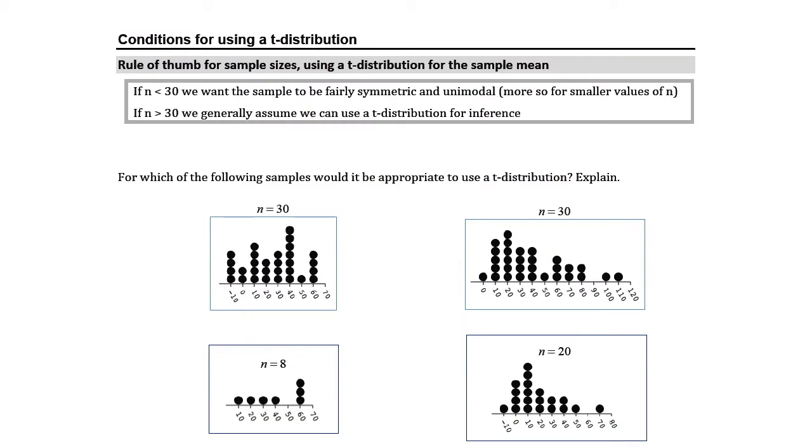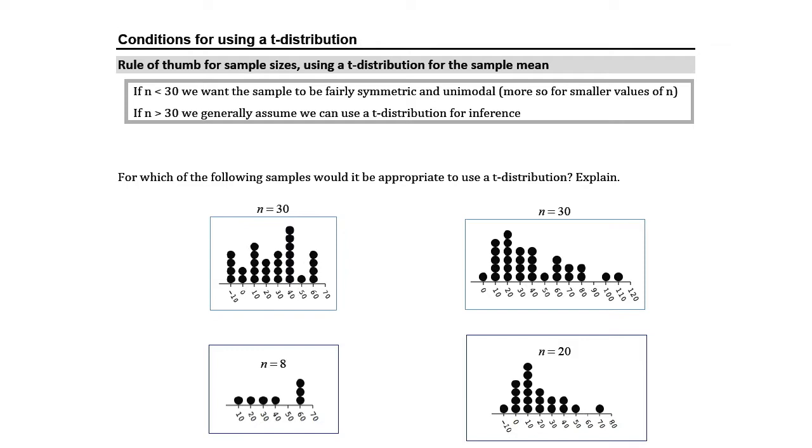We have conditions for using a t-distribution for inference about a mean, just like we had conditions for using a normal distribution. The general rule is that if our sample size is large enough, we assume it's going to be okay regardless of the shape of the sample, which we assume is the same approximate shape as the population.